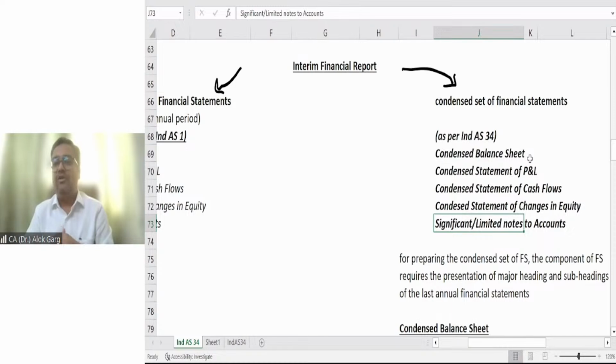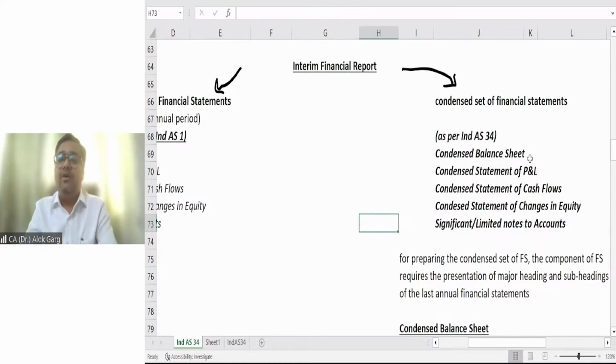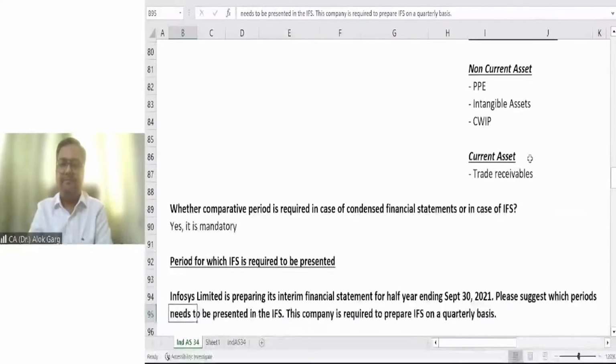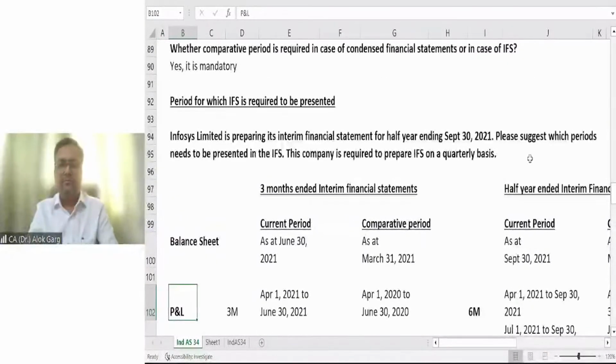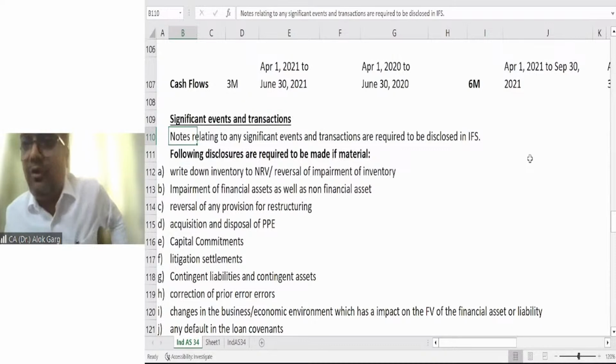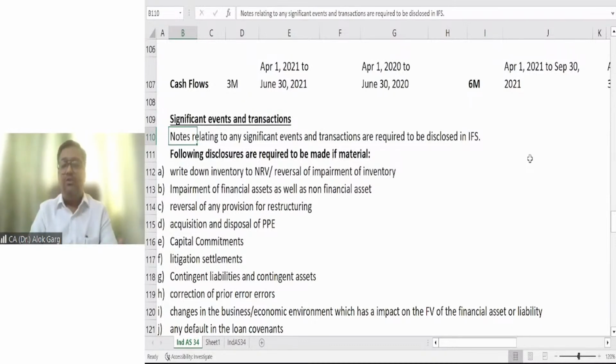So friends, let's talk about significant or limited notes to accounts. There are two kind of notes. I'll divide these notes into two categories. Number one, mandatory notes.